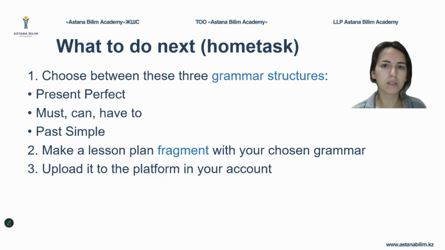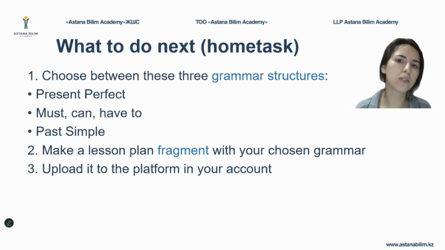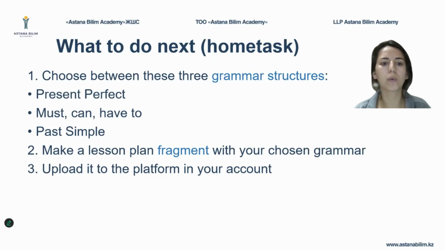Think and make a lesson plan fragment with this grammar structure, not the whole lesson, but for example, a hook: how you will show which context, which eliciting techniques, which concept checking questions and timelines you will use if they are available. For must, can, have to, you must also use concept checking questions. And for example, an example of controlled or freer practice that you will use.